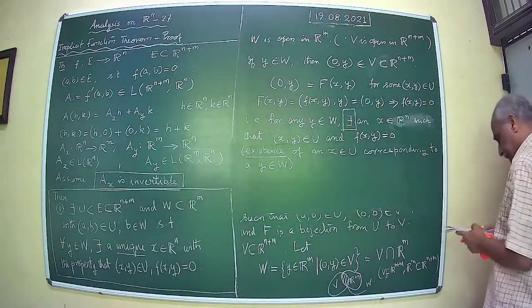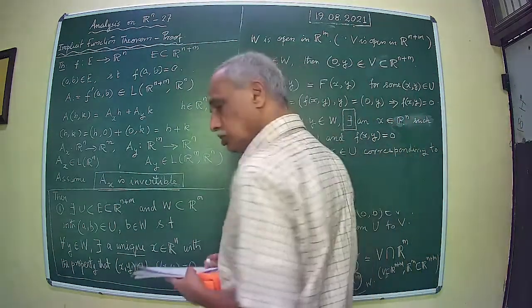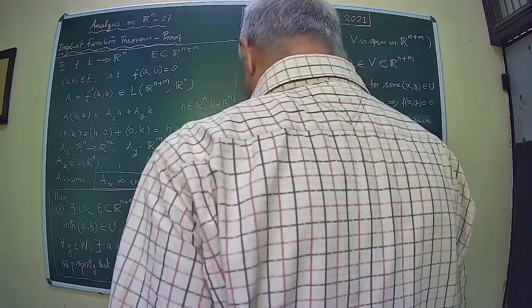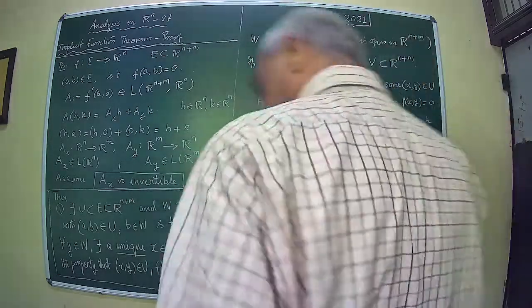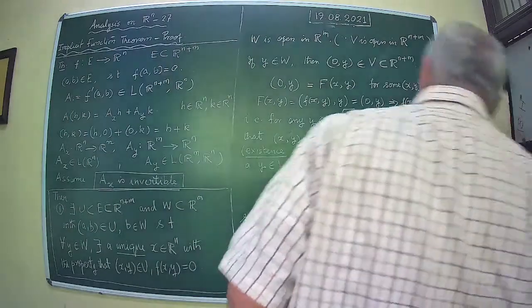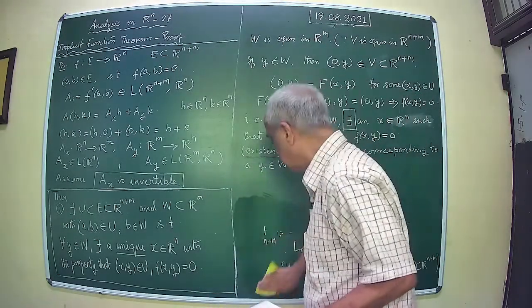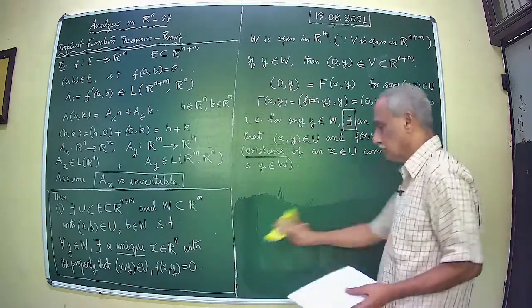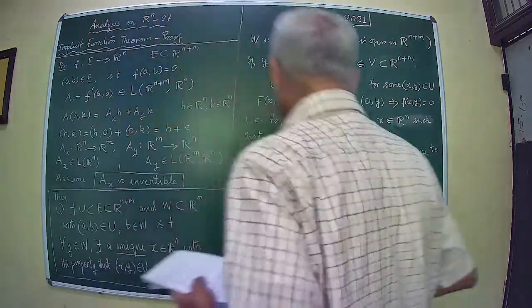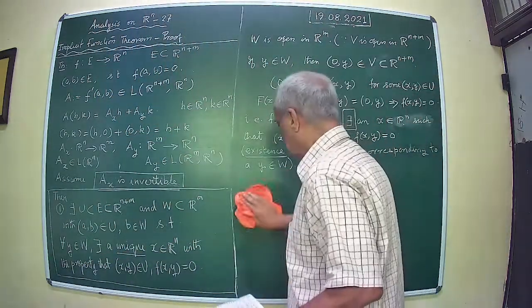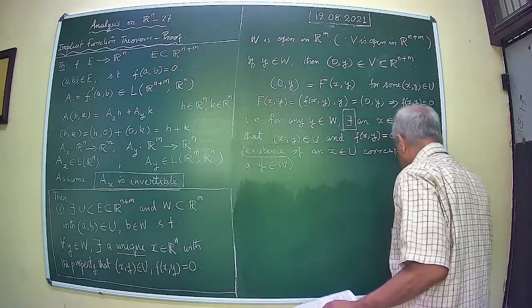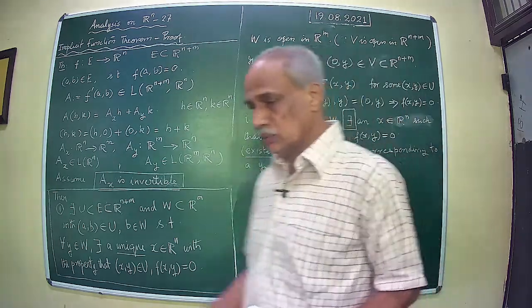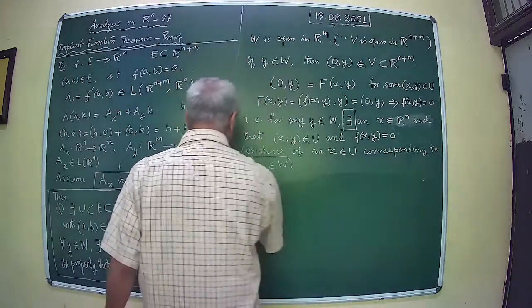Now what we assert is that the choice is also unique. So let us prove next the uniqueness. Now what we want to assert is this.